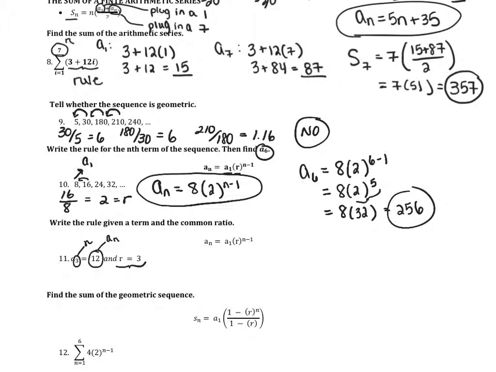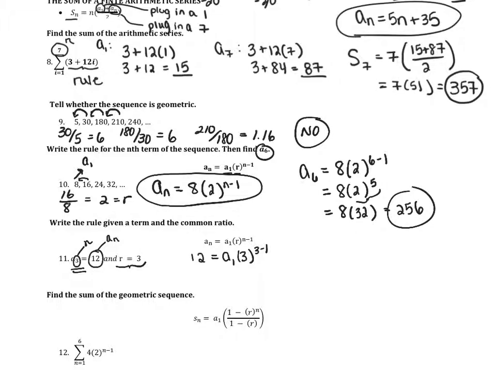All right, so if we can use our formula that we have written right here, AN in this problem is 12. That's equal to A1, leave it there, we don't know what A1 is yet, times R, which they gave us was a 3. And for N, we have to plug in what we plugged in to get out 12, and that's a 3. So 3 minus 1. Now we have to simplify this.